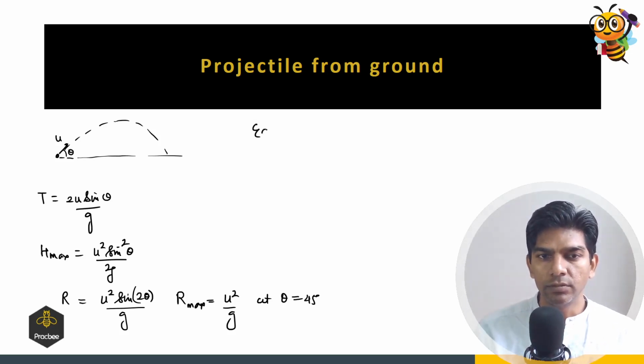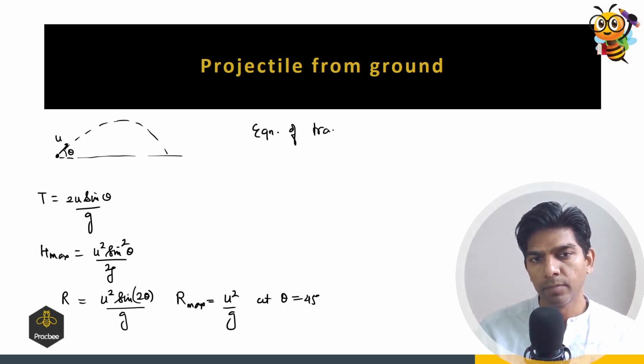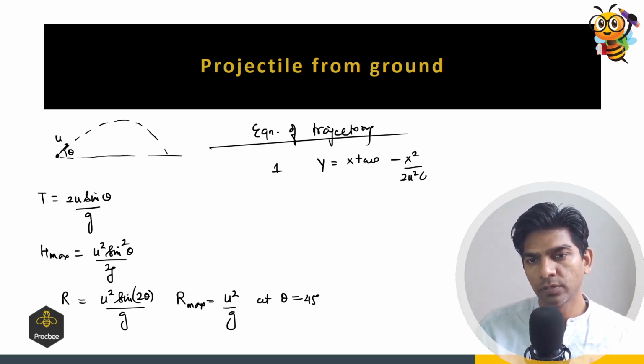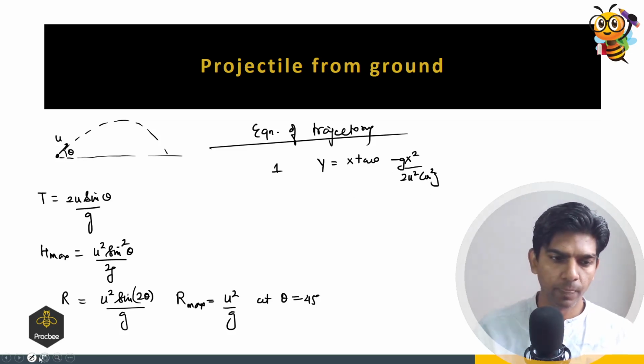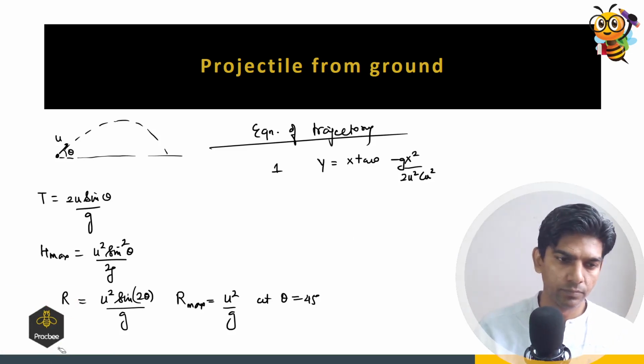And the equation of trajectory, so there are two forms. So the first form is y is equals to x tan theta minus g x square upon 2u square cos square theta.